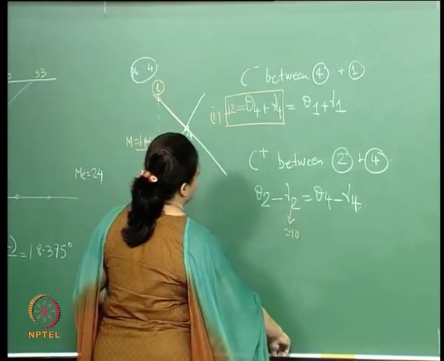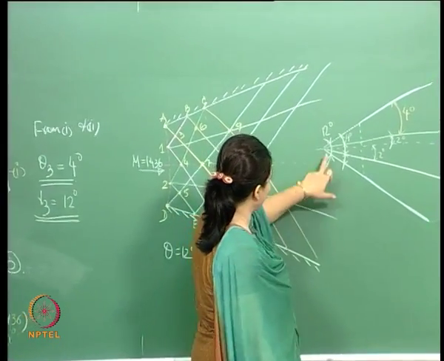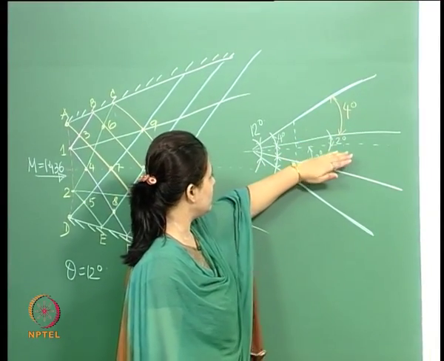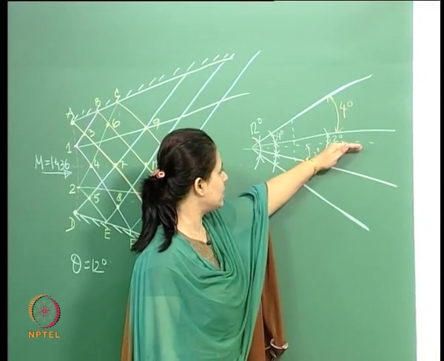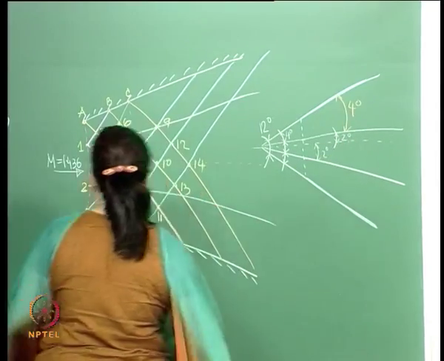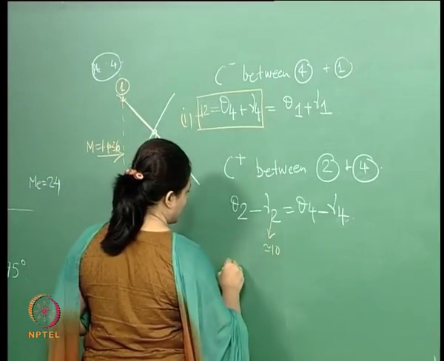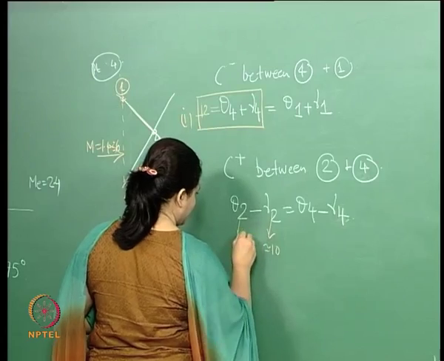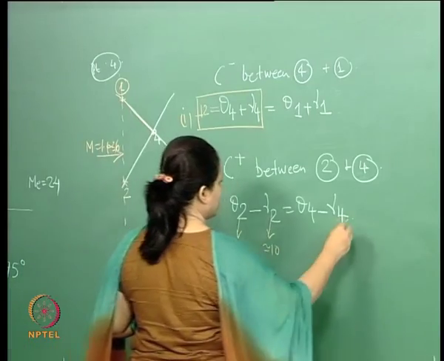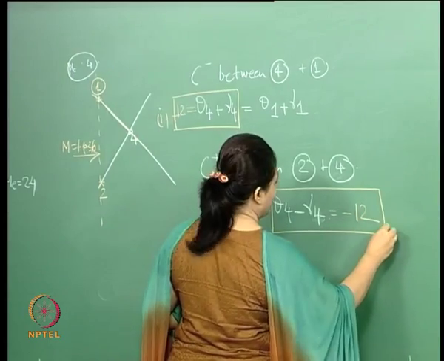Now theta 2, we are looking at this streamline. You can see that this angle is just minus 2. It is on the other side of the center line, just the sense is different. It's the same as the streamline going through 1. So this is minus 2, and this becomes equal to minus 12.